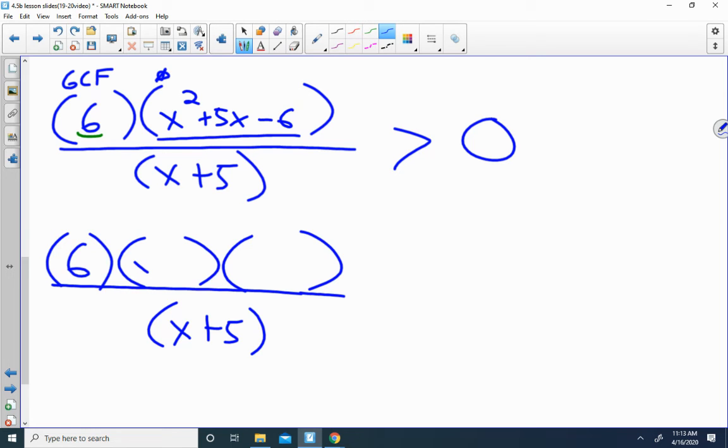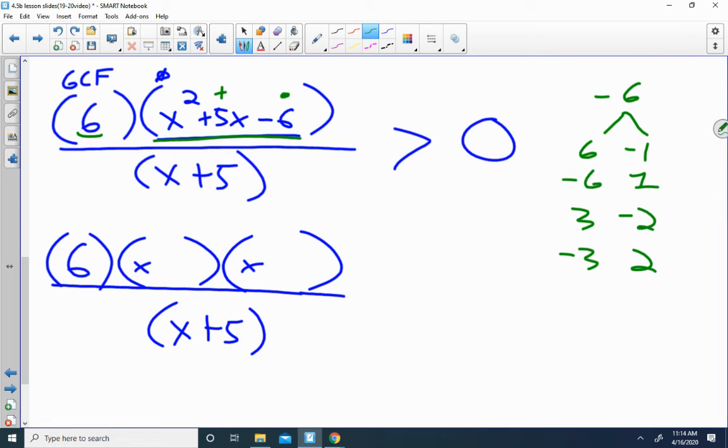So now, for this part, you need to take this quadratic and find two numbers that multiply to negative 6 and add to 5. For negative 6, you can use 6 and negative 1, or negative 6 and positive 1. You can do 3 and negative 2, or negative 3 and 2. All of these multiply to negative 6, but which one adds to 5?